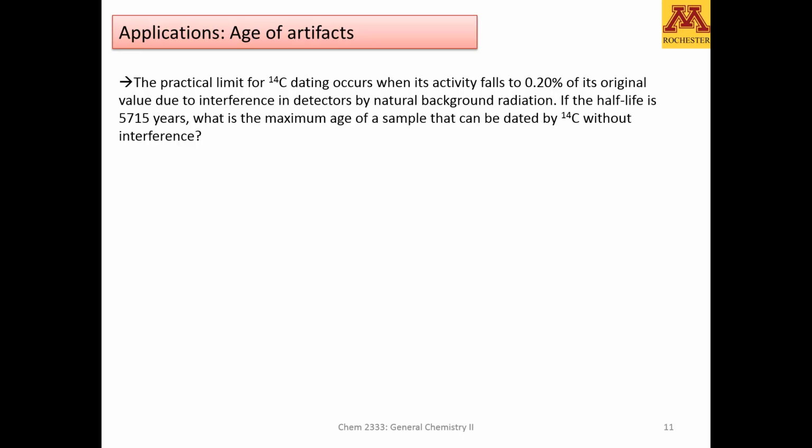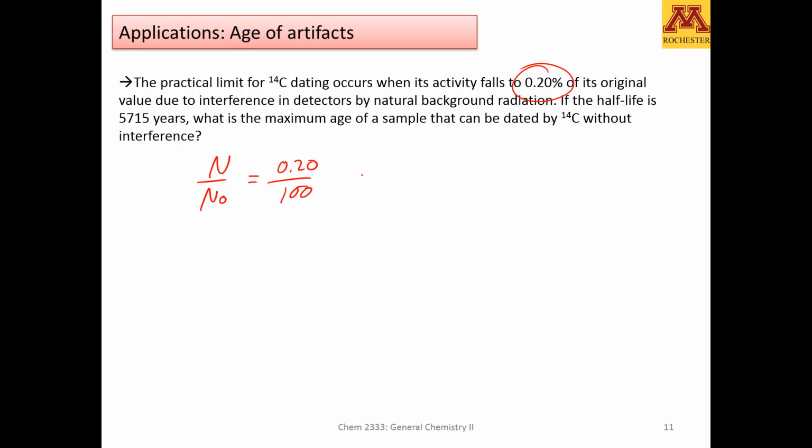For example, it will all depend on the instrument, but if our instrument cannot detect farther than 0.20% of its original value, in other words, if the ratio of the current number of carbon-14 nuclei to the initial number has to be around 0.20%, what is the maximum amount of time that we can detect?